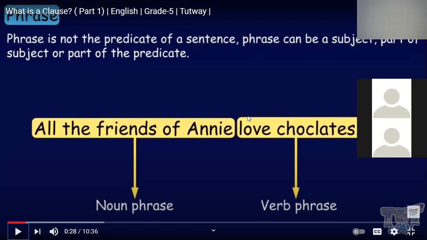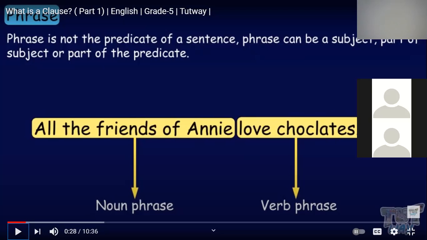Predicate is the part of the sentence that has what? The verb.